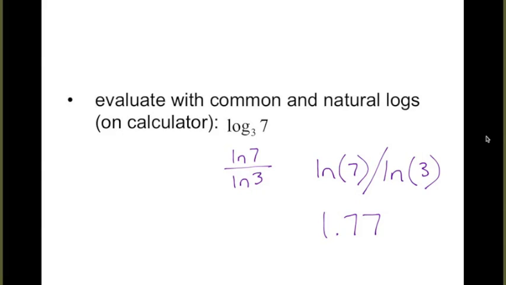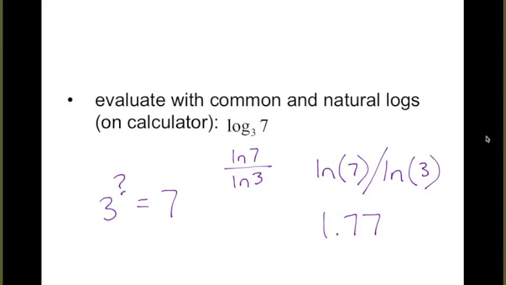Now remembering what a log is doing, okay? What a log is doing is asking the base to what power gives us this number inside. So this is asking the question of 3 to the what equals 7. Okay?